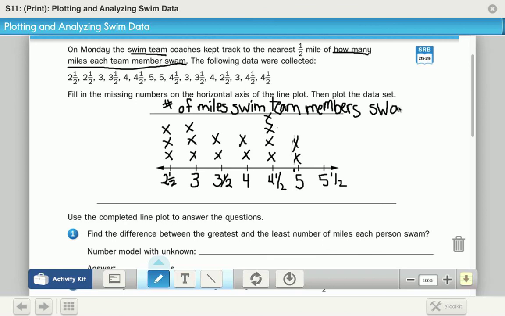It's one team member. It's not the whole team doing it added together. So number of miles swim team members swam.